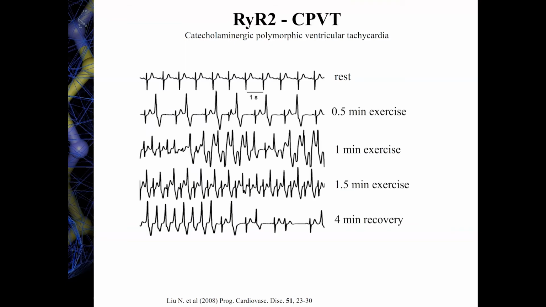It's only when you ask the patient to do some mild exercise that you can see, at least under these conditions, the ECG is no longer normal, and the patient is at risk for developing ventricular fibrillation, which can result in sudden cardiac death. So this is a very serious disorder. It's stress-induced, and it's a genetic condition due to mutation in this protein, the RYR2.